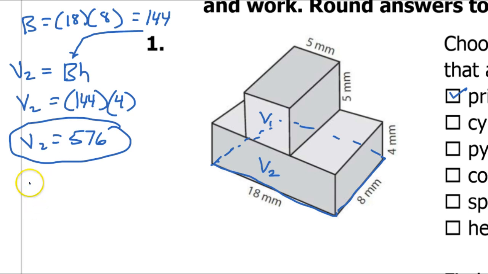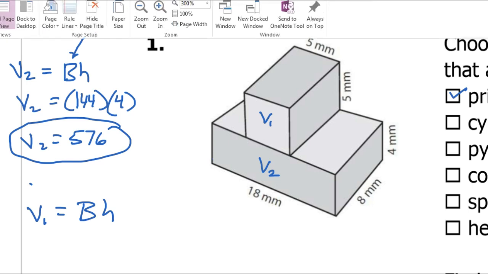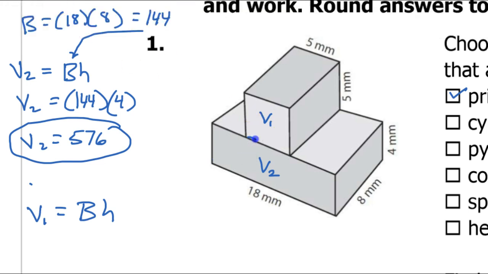Now let's go ahead and find volume 1. Again, volume 1 is going to be the area of the base times the height. For this prism, the base is right here. It's a rectangle, so I need to know the dimensions of that.